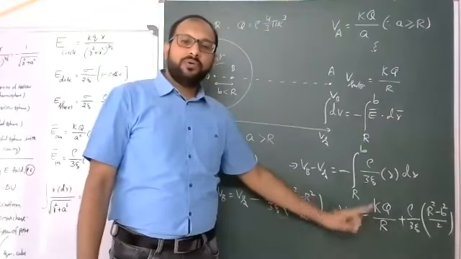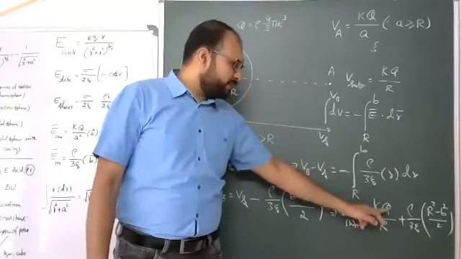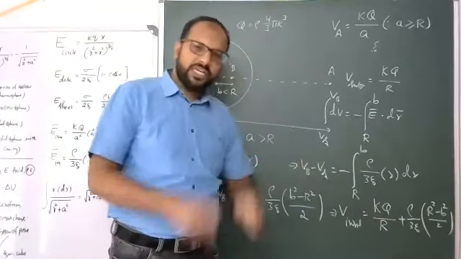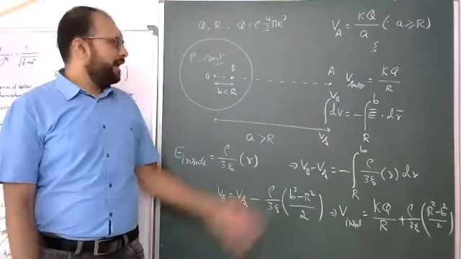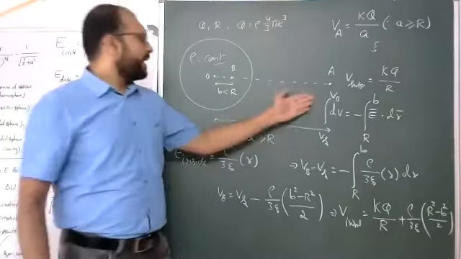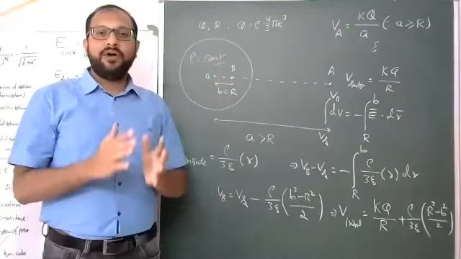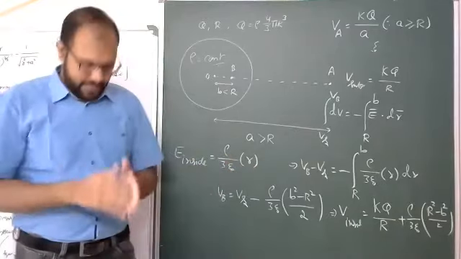This equation is more important now. So students, after changing this Q or rho, please remember the final result also. Okay, now electric potential outside and inside for a uniformly charged solid sphere is complete.